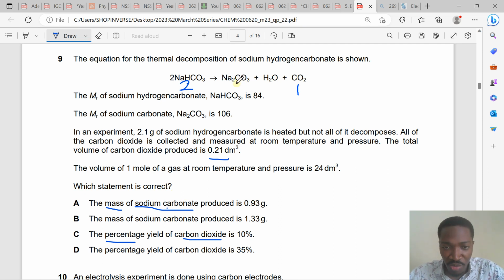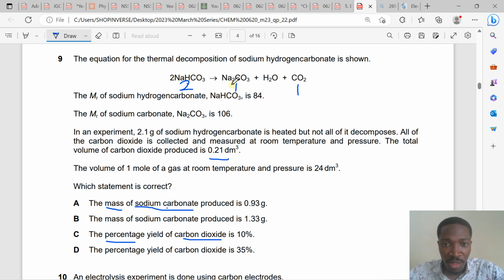So we are also interested in the number of moles. From this balanced equation, from 2 moles of sodium hydrogen carbonate, we get 1 mole of sodium carbonate. We also get 1 mole of carbon dioxide. We are not really interested in water, so let's ignore it for now.